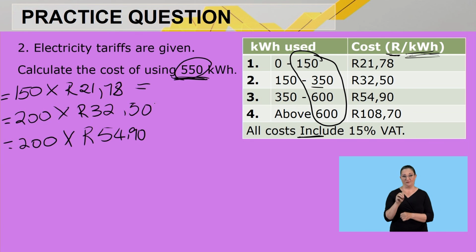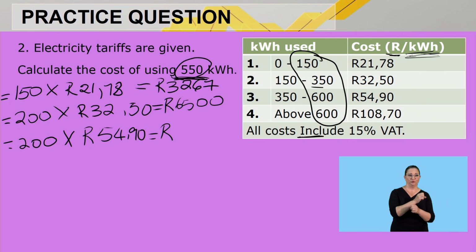So now we need to go back and work out the cost when multiplied per kilowatt. For the first block, multiplying the two values, you will have 3,267. Then in block number 2, multiplying 200 with the cost of 32 Rand 50, it will give you 6,500.